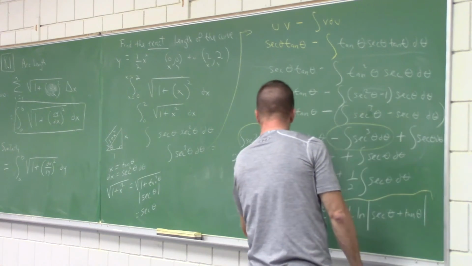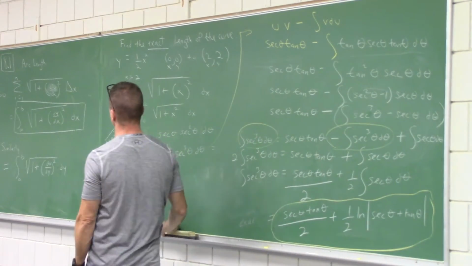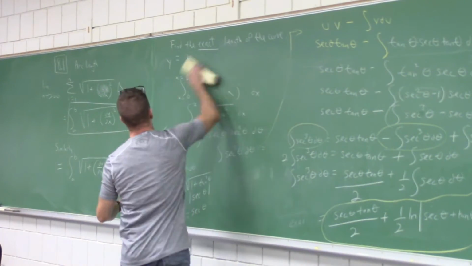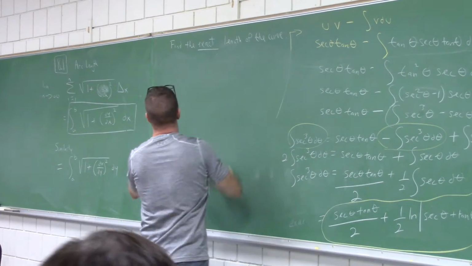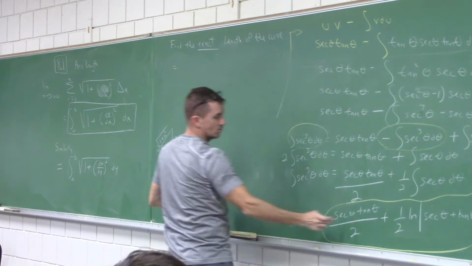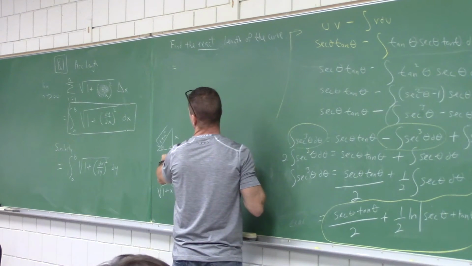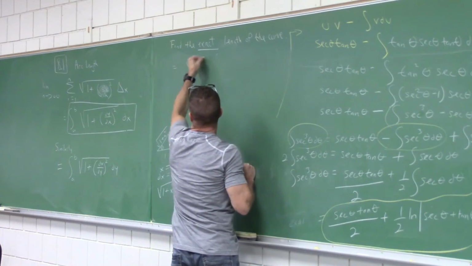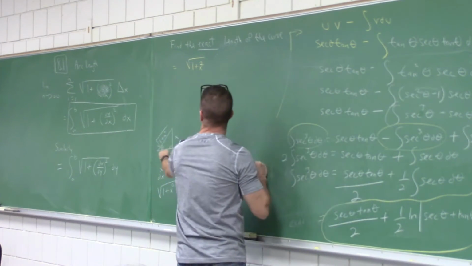I'm just going to resubstitute everyone. And then plug in x equals 2 and x equals 0. Okay, so let's see. I need this. And what do we get now? What's secant theta? You can use that triangle. What's secant theta? Square root of 1 plus x squared. What's tan theta?